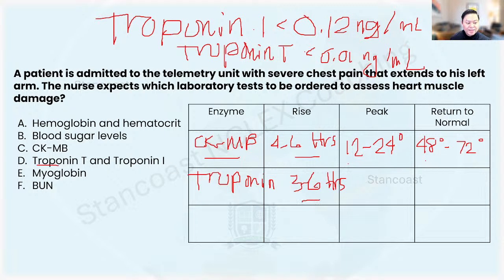Let me rewrite that because you might get confused. Might think that it's 36. 3 to 6 hours after the cardiac event. And it will peak within 12 hours. So it's pretty much going to peak the same as the CKMB, and it will return to normal in 9 days. Yeah, that's quite prolonged.